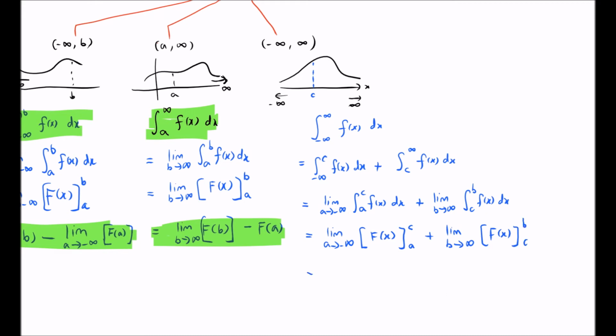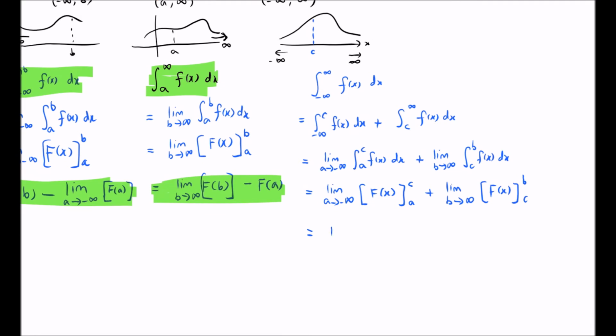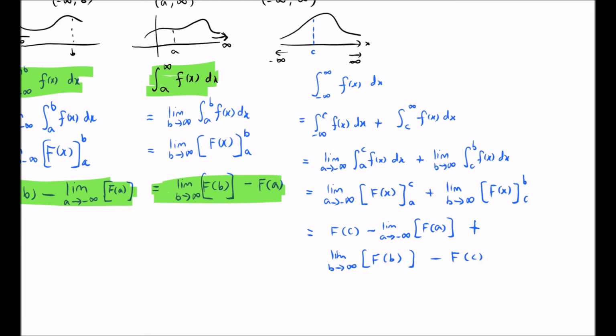So you simplify: you have F(c) minus the limit as a approaches negative infinity of square bracket F(a), plus the limit as b approaches infinity of square bracket F(b) minus F(c). You will see these two are equal, right?